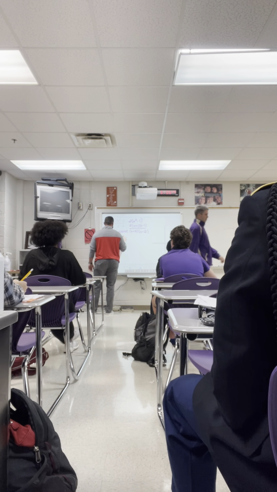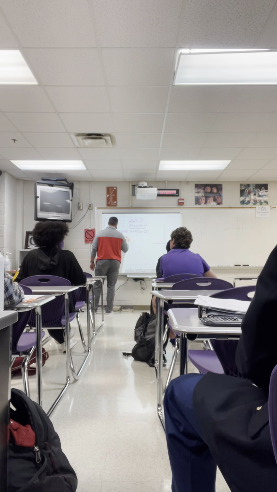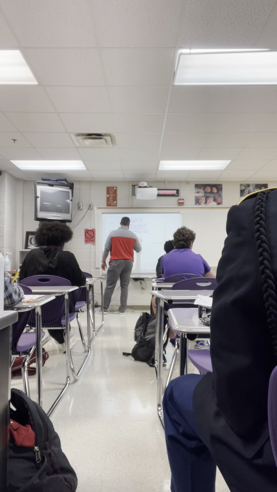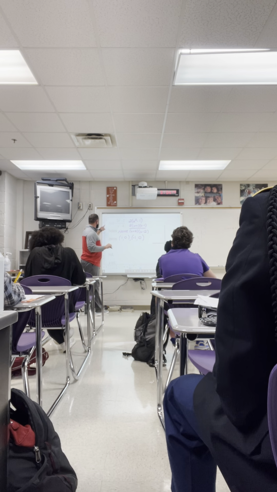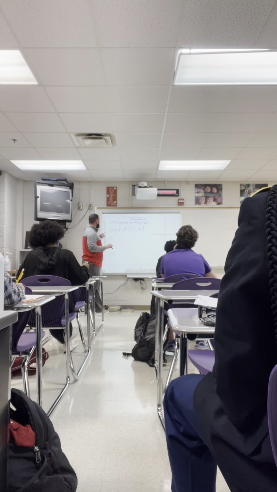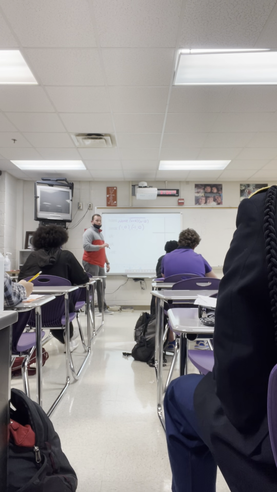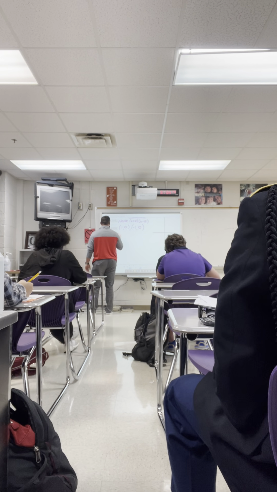So 1 comma 0, and then negative 1 comma 0. Now our VA, what do we use in solving for the VA? The denominator, set it to 0. X equals negative 2. X equals 2.